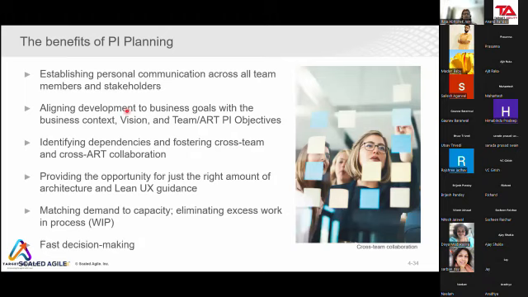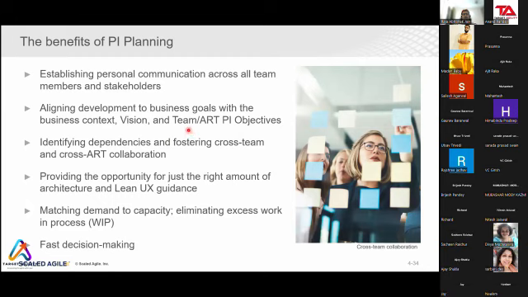It aligns development to the business goals with the business context, because business people are also present, development people are also present. So you can align onto the business context, onto the vision, and to the team or ART PI objective. I'll come to the PI objective. But I hope you are comfortable with the term ART now, which is Agile release train. You can understand it as you would in the waterfall method.